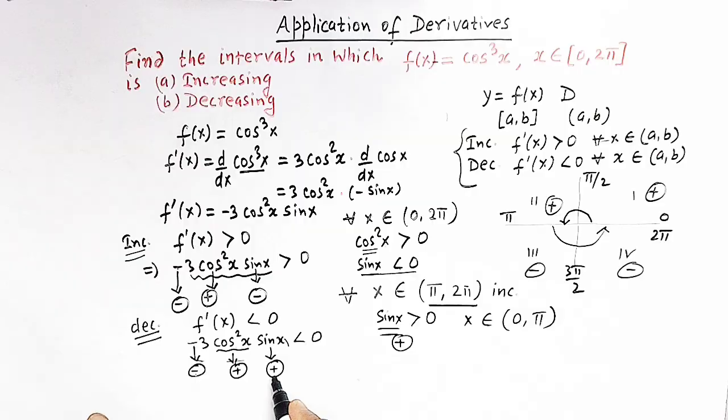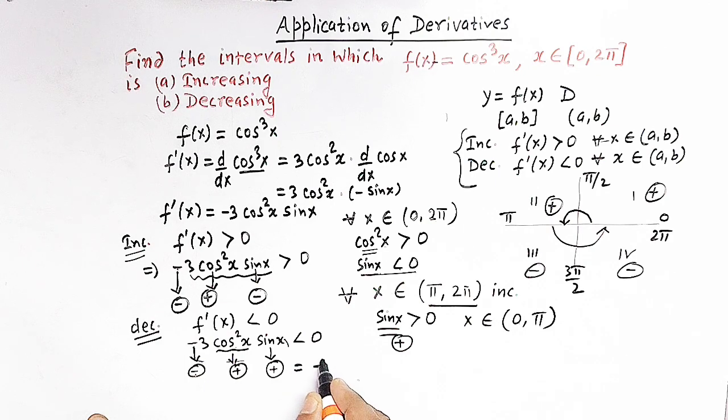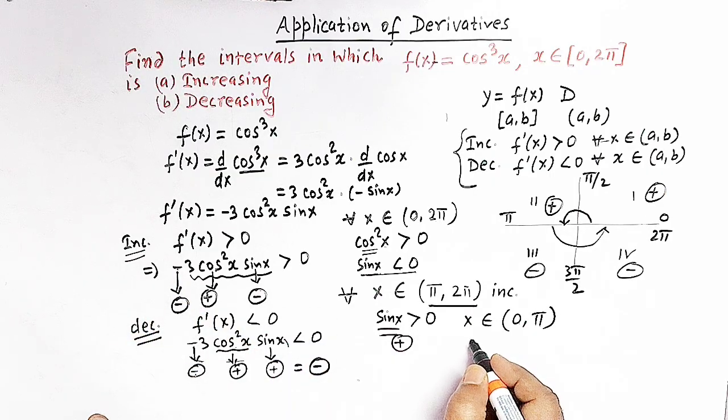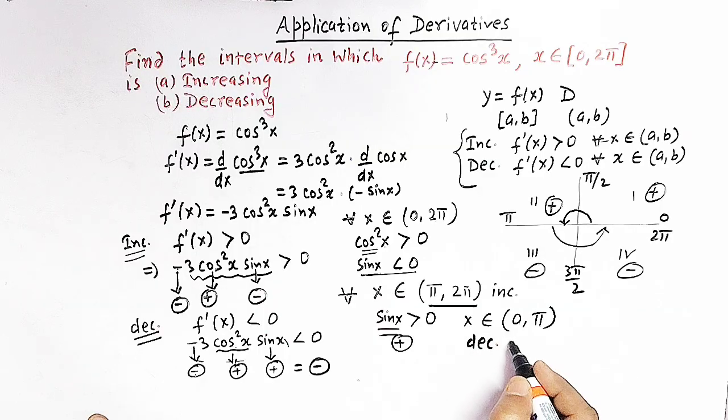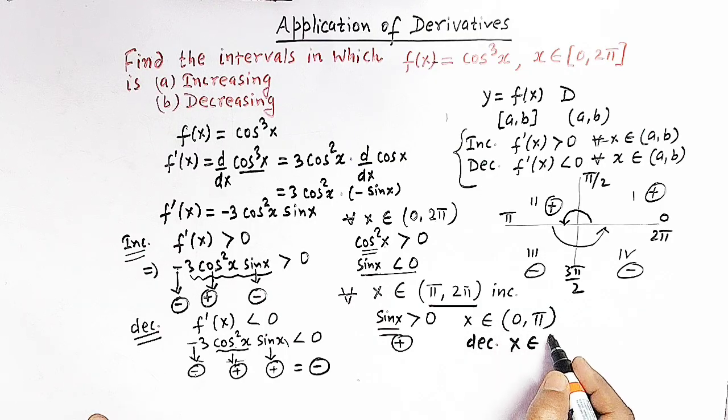Now sine x is positive, so the product of this negative with this positive is negative, and f prime of x is less than 0. So the function is decreasing when x belongs to the interval 0 to pi.